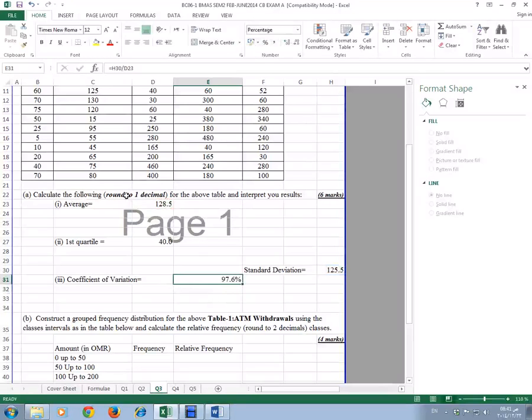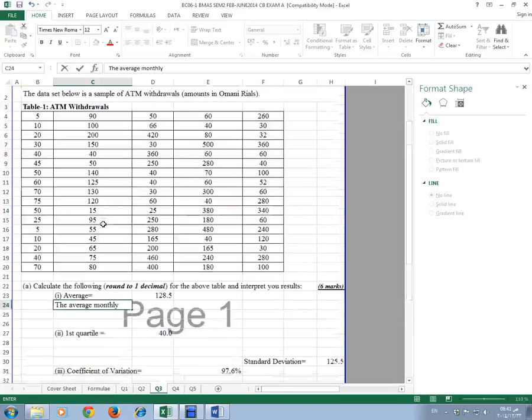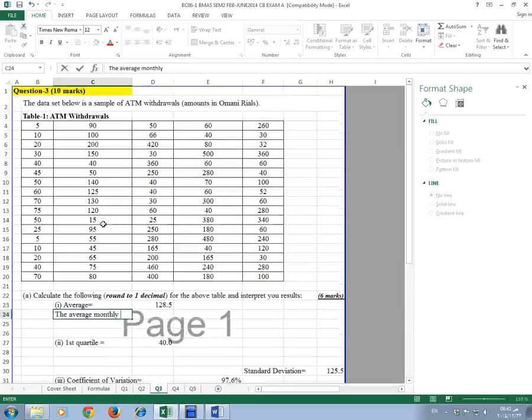The question does not only ask to calculate the following, there is another part, and interpret your result. That means explain what this result is. We can take here the average monthly, this one is about ATM.